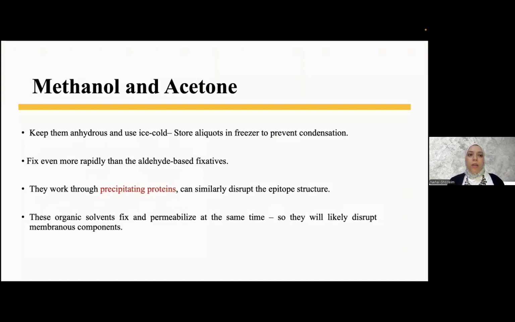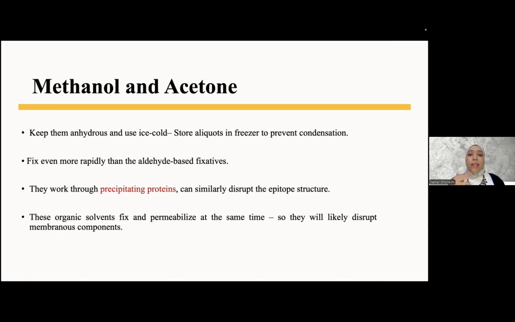Also, alcohols such as methanol and acetone are used for fixation, but we have to keep them ice cold. So we have to keep them in aliquots in the freezer to prevent condensation.